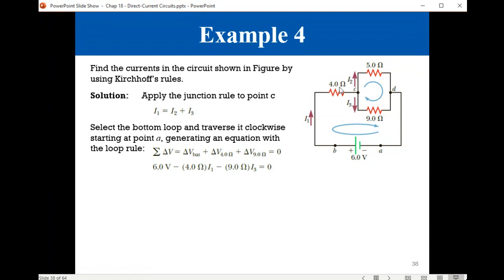Then for this resistor, the current is going clockwise, so we are dealing with a potential drop. So it is minus 4I1. And for the 9 ohm, the current going there is I3, so another potential drop, 9 ohm multiplied by I3. These are the only elements in the circuit, so this adds up to 0.